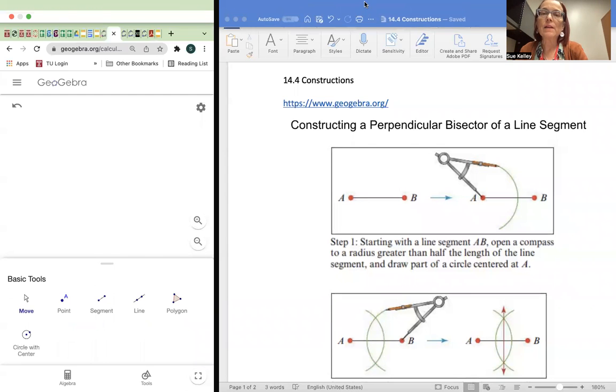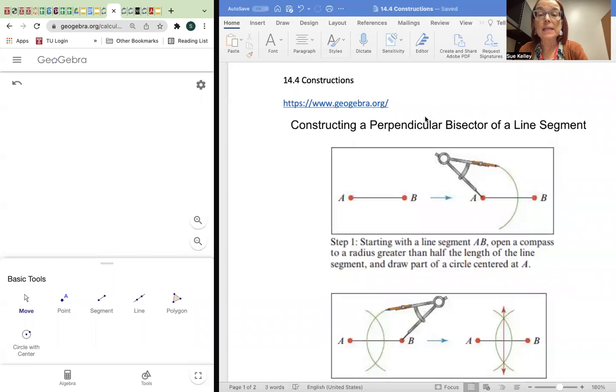So we've heard the term perpendicular before, and perpendicular just means that the line segments are going to be at 90-degree angles with each other.